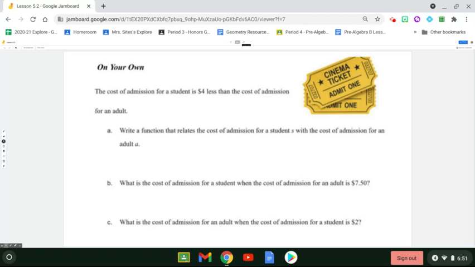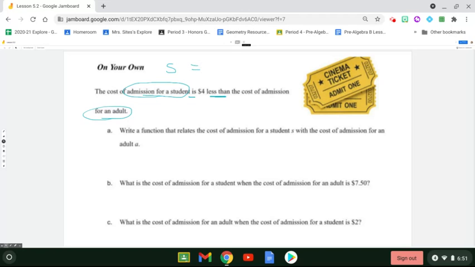All right, let's see how you did. Okay, so when I take a look at this one, we can see that in this problem, the key word is. So the cost of a student is, and I see that keyword also of less than, and I see that we have student admission and adult admission. Okay, let's see how we're defining everything. Student admission is S. So S equals.